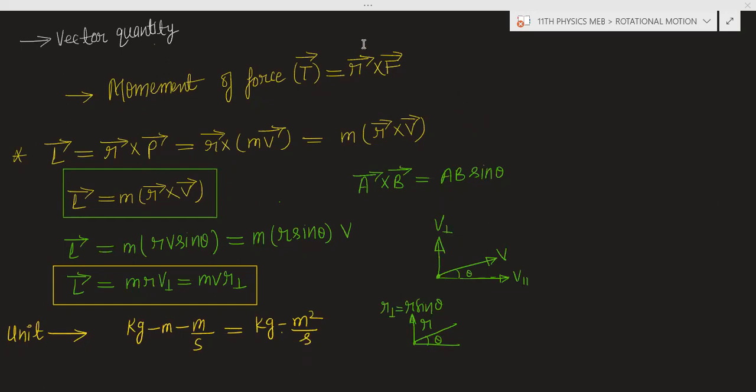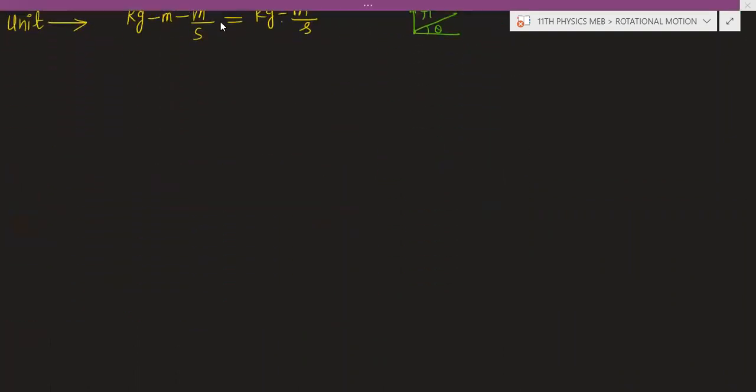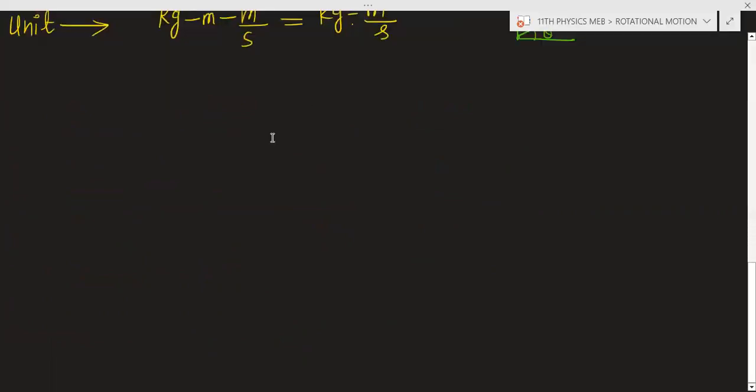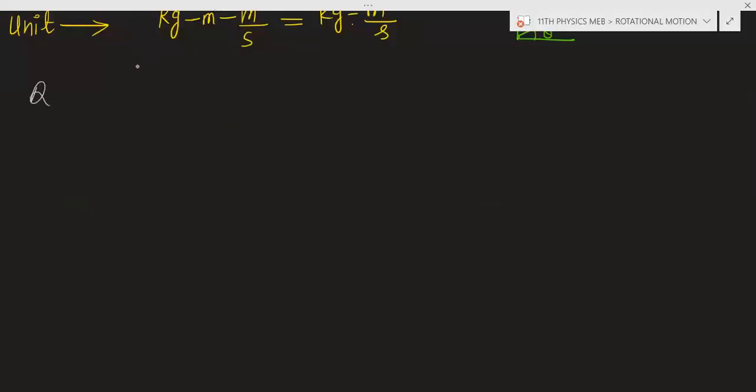Okay. So now we will take one question. Suppose this is mass m, and this mass m is moving with velocity v.